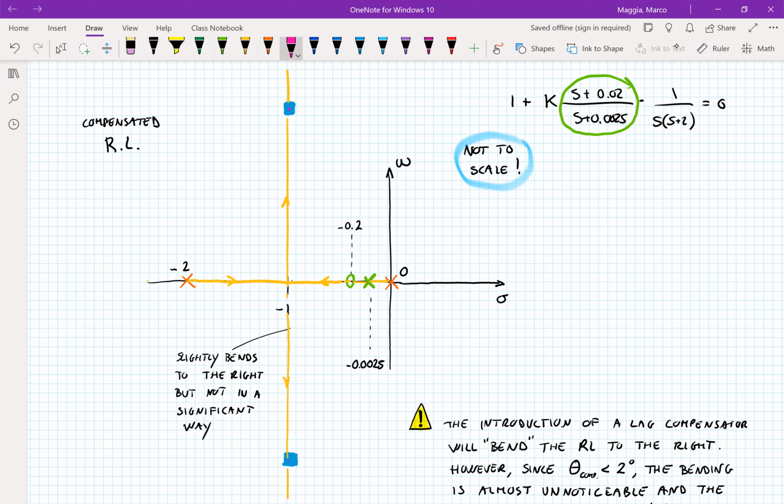However, as I said, if both the pole and the 0 of the compensator are close enough to the imaginary axis, that is, if the angle introduced by the compensator is quite small, the deflection that the root locus will take is really minimal. And you can in fact plot the root locus of the compensated system, and it's going to look like this.